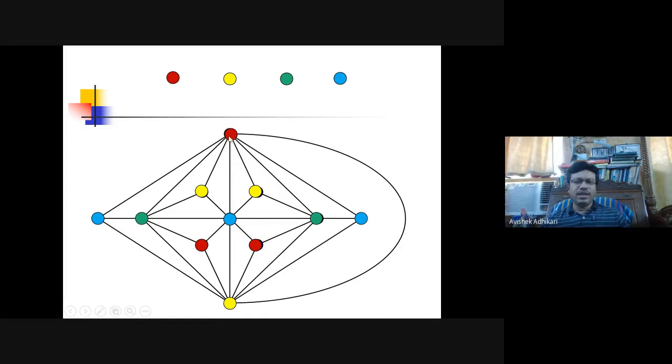It contains a complete graph with 4 vertices, so to color this you would need at least 4 colors. If a complete graph is embedded in a graph, you need at least that many distinct colors. With these 4 colors, you can color this. You can take a screenshot of this image and try to color it with these 4 colors.